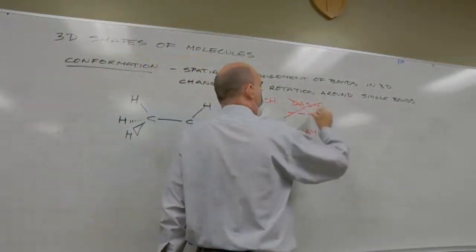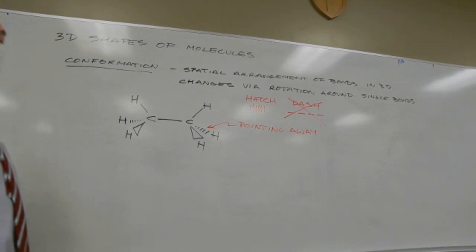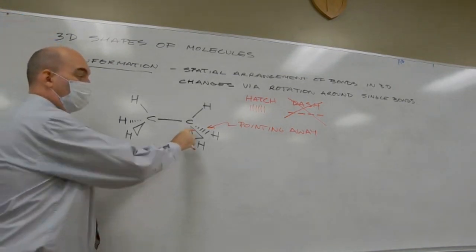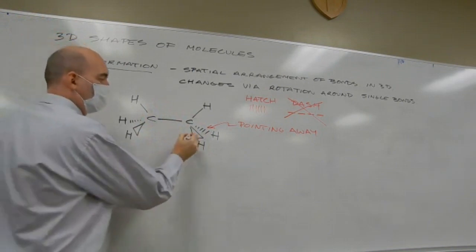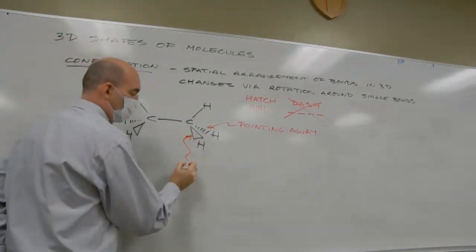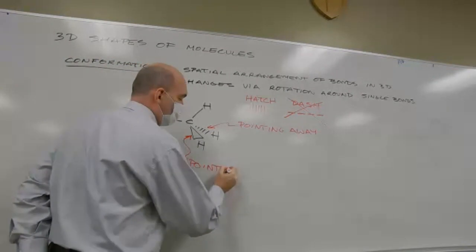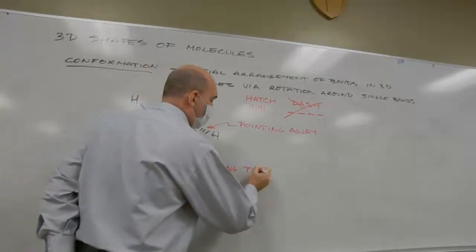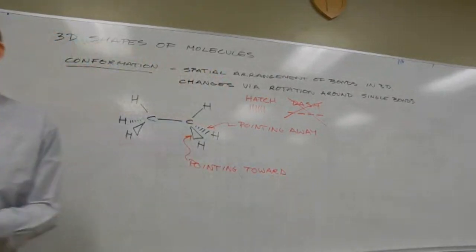We're talking about hatched lines, not dashed lines. And if you are good enough, you can make them be a hatched wedge, because a wedge means that that bond is pointing towards you.